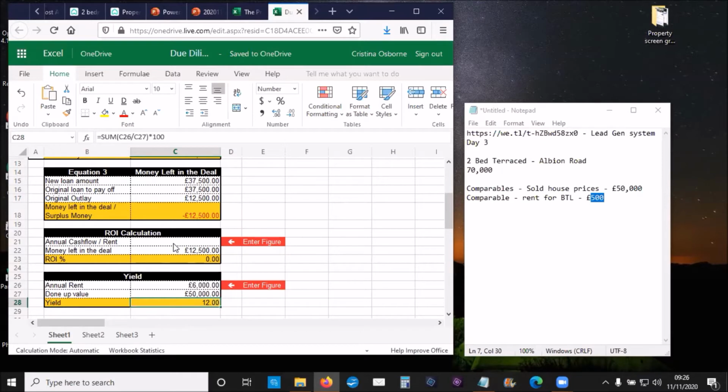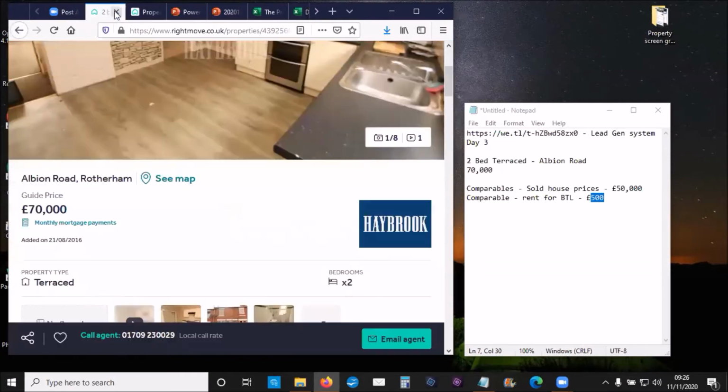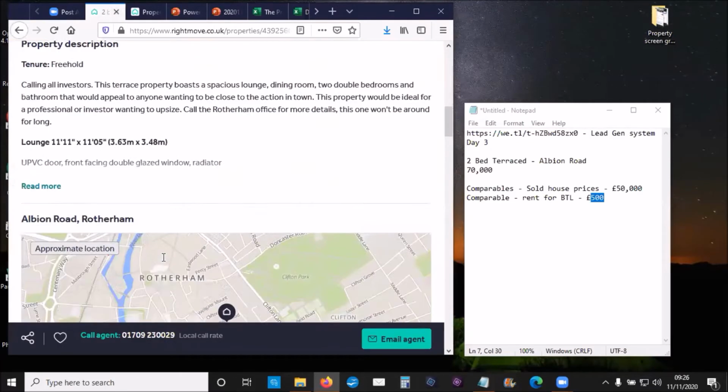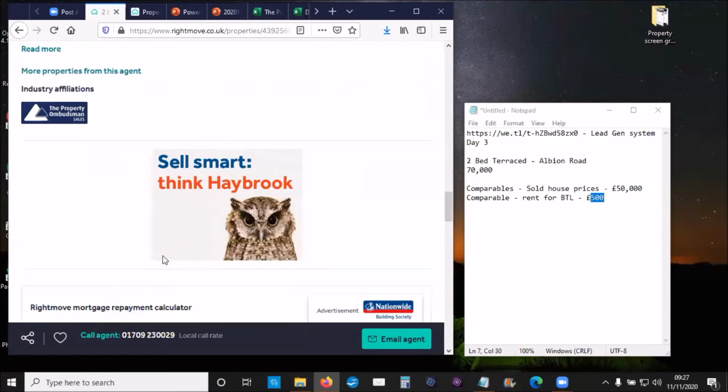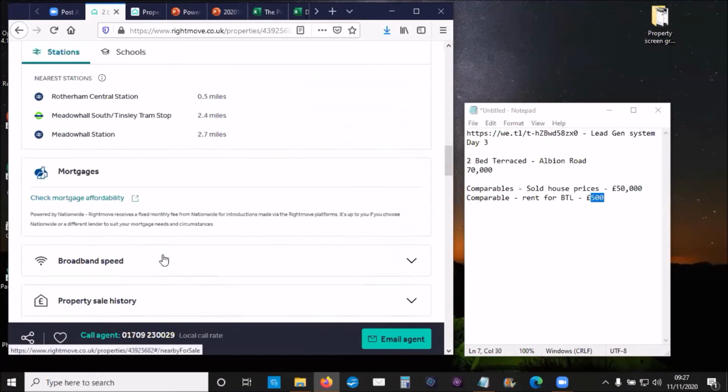In terms of ROI, we need to calculate the cash flow, and we are going to assume on this one, let's go back to Rightmove and find out what the monthly mortgage is. It's amazing.